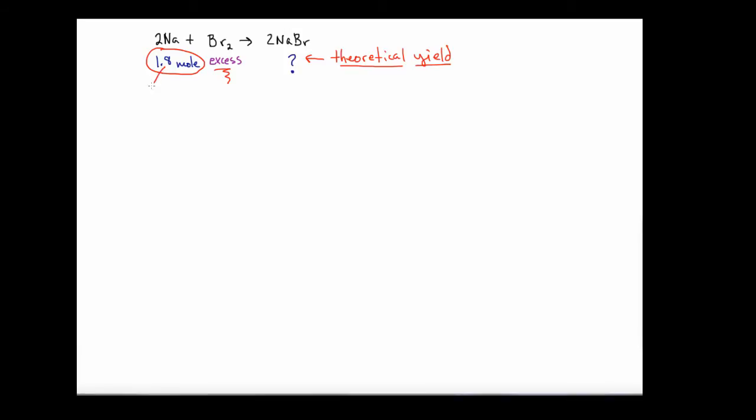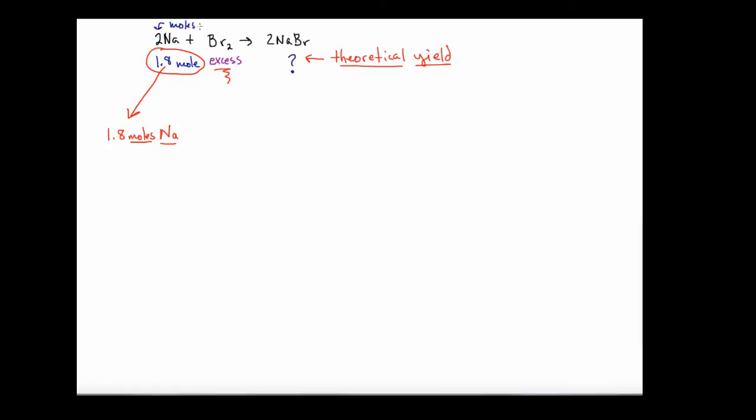Now the way I recommend that you do this is you pull down, I call it pulling down, the amount of the reactant. I'm going to rewrite it, careful to include the units and any symbolism that tells us what this material is. So we need to include the label that tells us that this is 1.8 moles of sodium. Now in a calculation regarding theoretical yield, note that you always need to be in the units of moles, and the reason for this is because the coefficients from the balanced equation, that's these numbers here, are in units of moles.